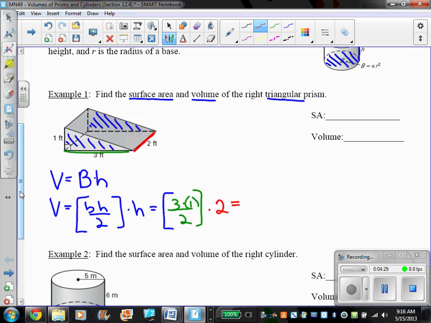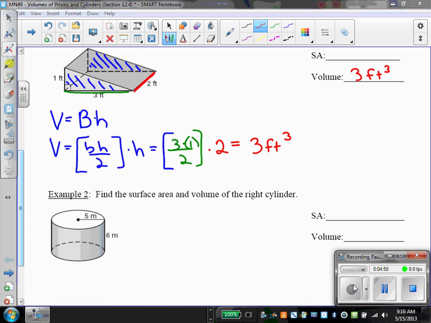So 3 times 1 is going to be 3, divided by 2 is 1.5 times 2. So your volume here is 3 feet cubed. So the volume of this prism is 3 feet cubed, which means that you can fit 3 1 by 1 by 1 cubes inside of the shape if it was actually drawn to scale.